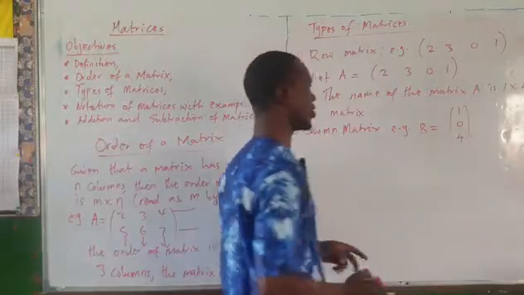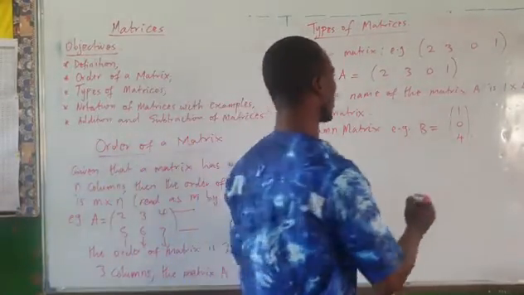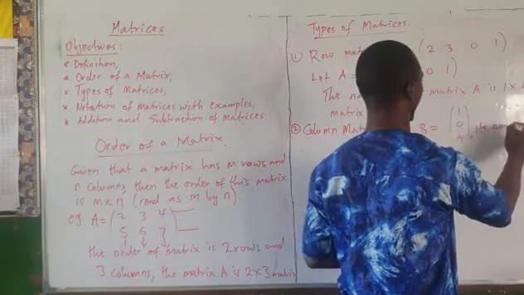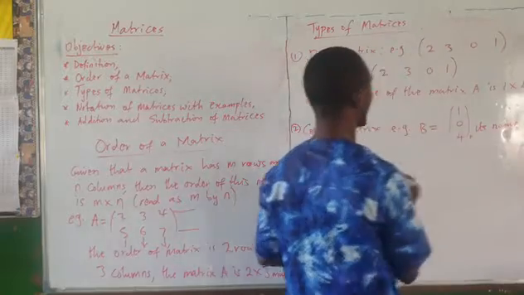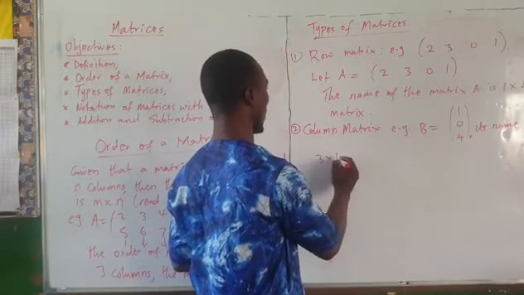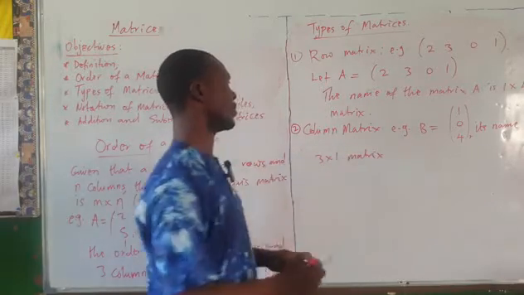This is a column matrix because we have a single column, and its name is 3 by 1 matrix. So that is the column matrix.